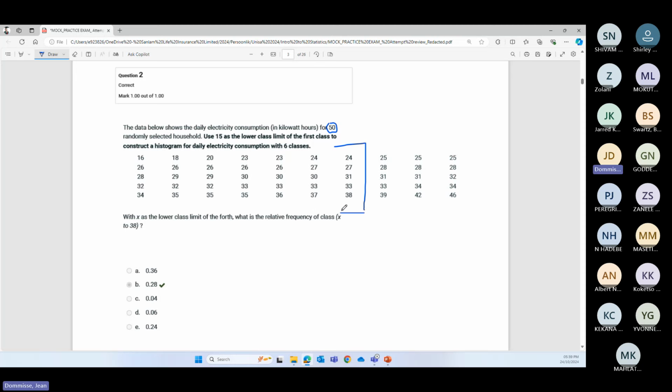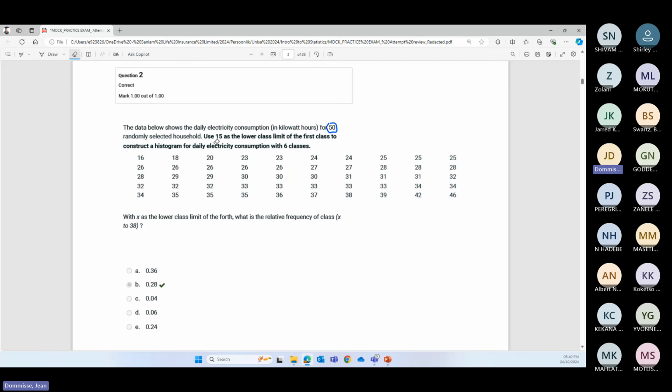So if that happens, please let me know so that we make sure that you are not penalized because of not being able to see some of the data.